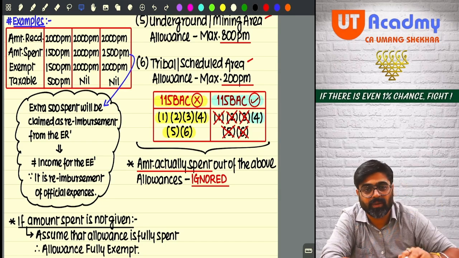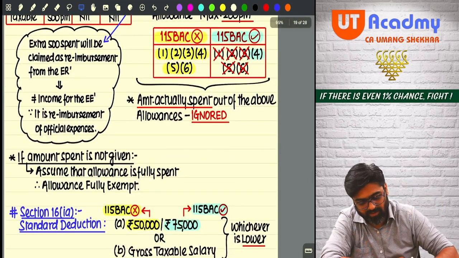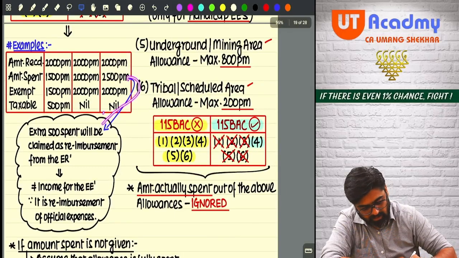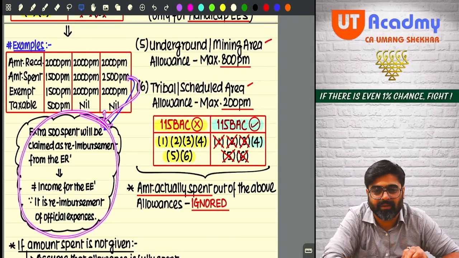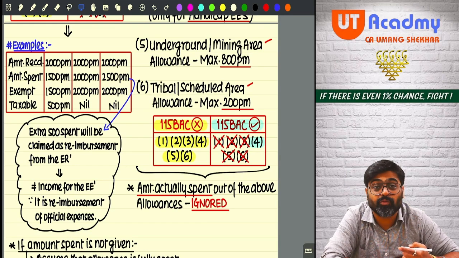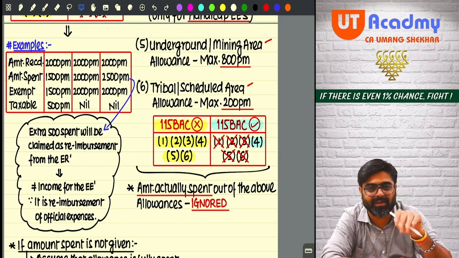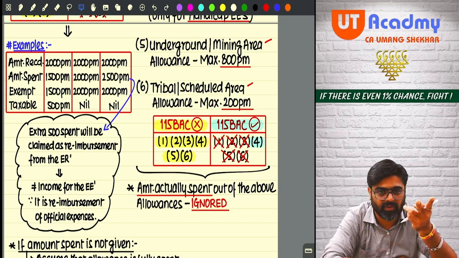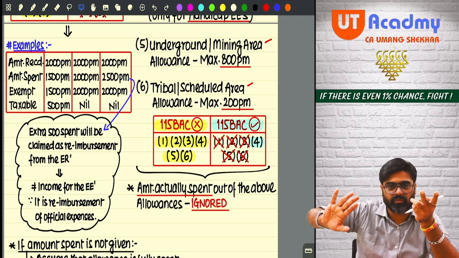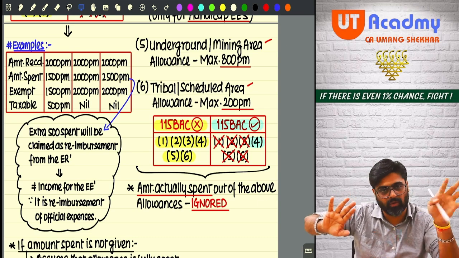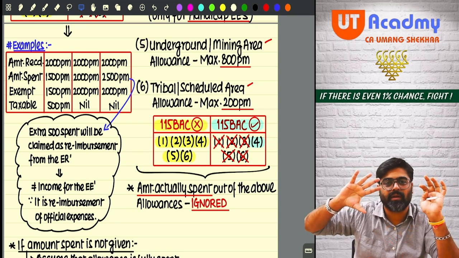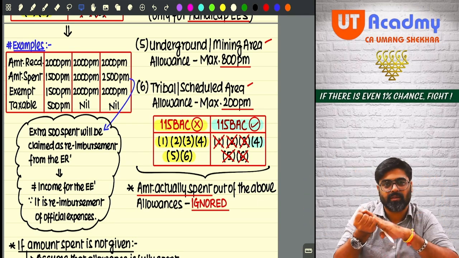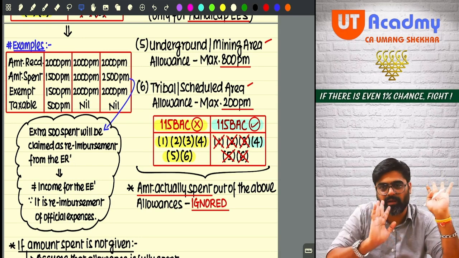The extra 500 you have spent, you are going to get as what? Reimbursement. And that reimbursement is for official expenses, it will not be treated as your income, forget it. So 2000 received, spent 2500, exemption will be 2000, the full amount. The extra 500 is claimed as reimbursement, which will not be treated as your income.